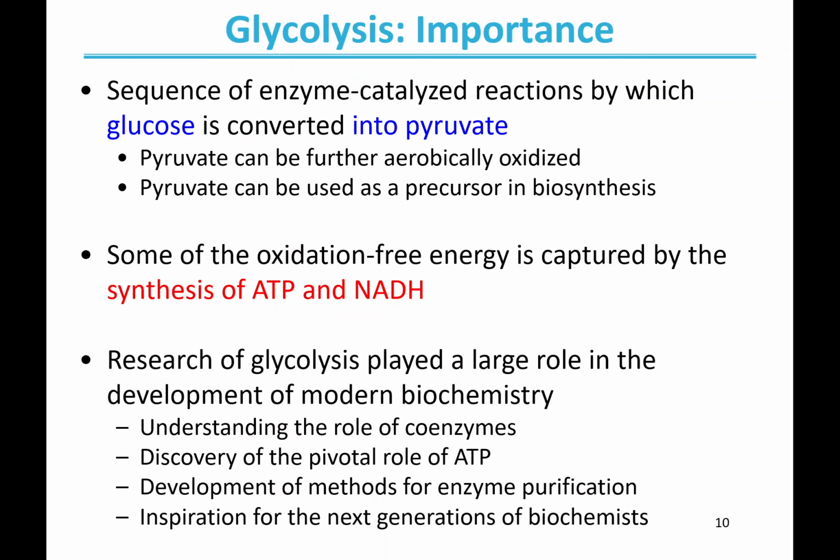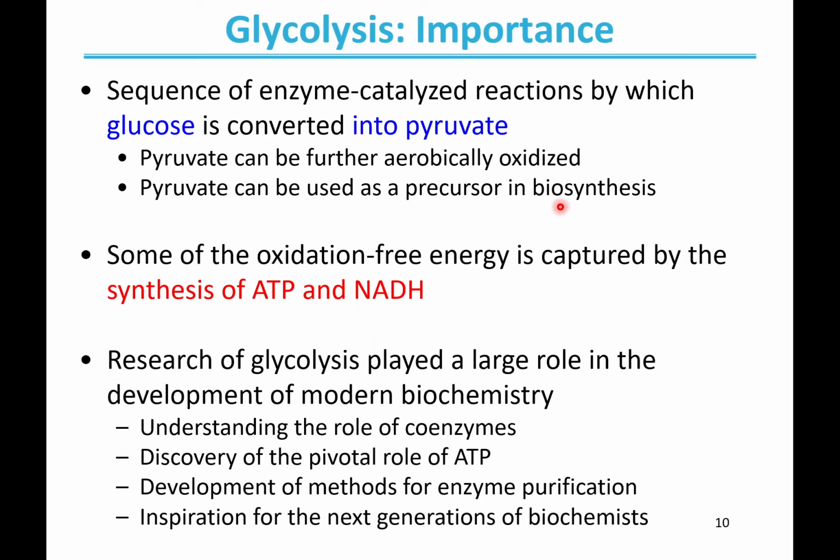So why is glycolysis important? Glycolysis itself is enzyme-catalyzed reactions that convert glucose into a molecule known as pyruvate. Pyruvate can be oxidized further aerobically, and it can also be used as a precursor in biosynthesis.